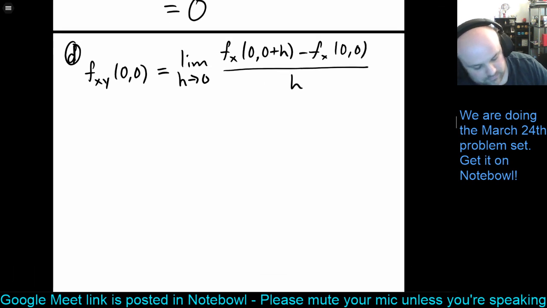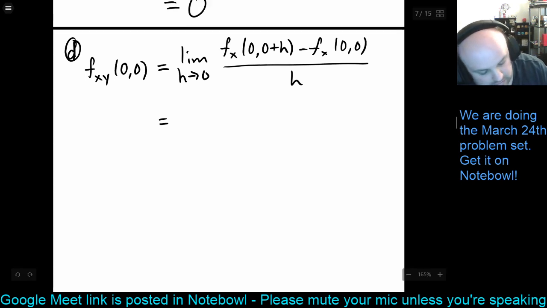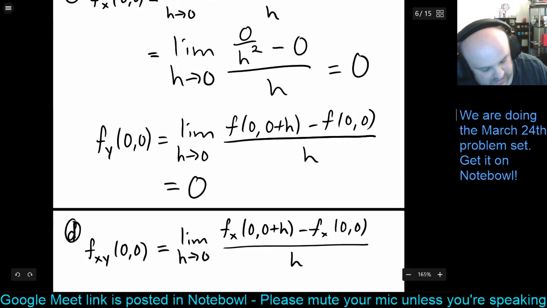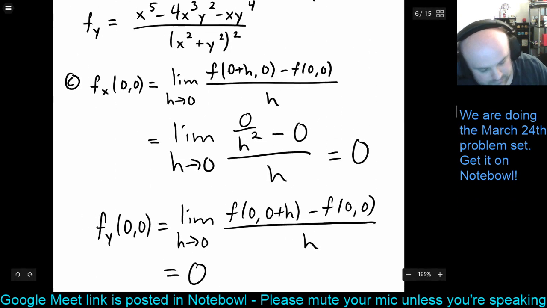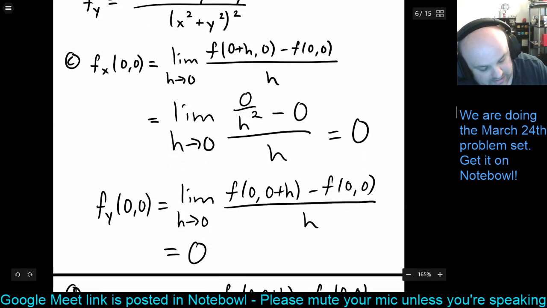Right, if we write this out here, we're plugging in 0 for x and h for y. So 0 for x means all this stuff is 0. h for y actually gives us something here.